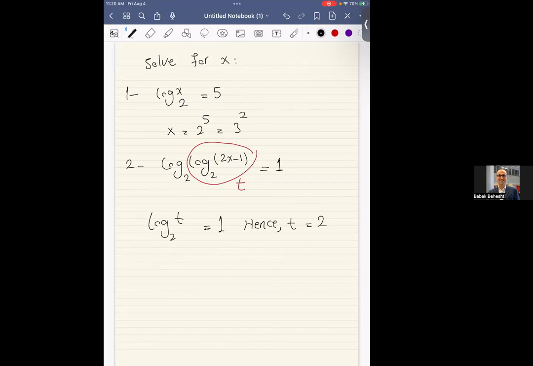Now what is t? t is just another log. Now we have to repeat this again. When I say log of 2x minus 1 equal to 2, that means 2x minus 1 equals 2 squared, which is 4. So that means 2x equals 5. Therefore, x equals 5 over 2.